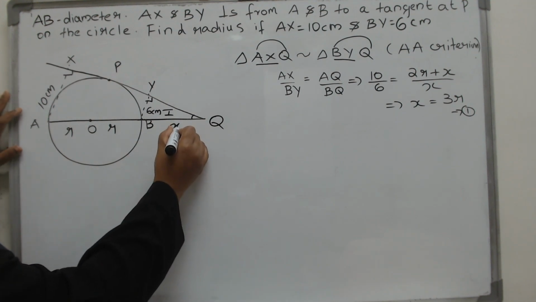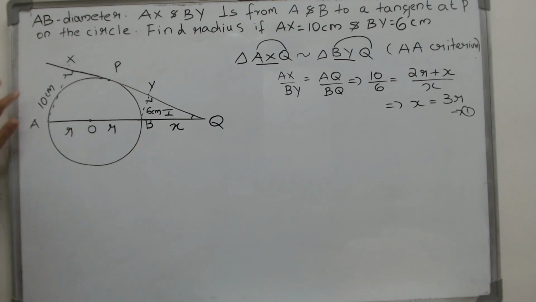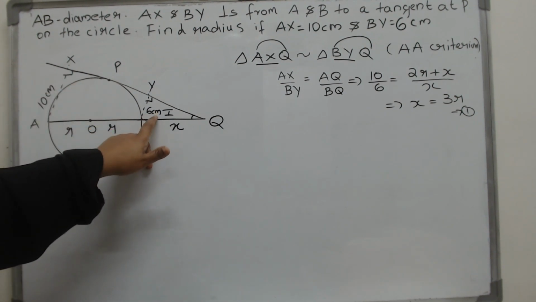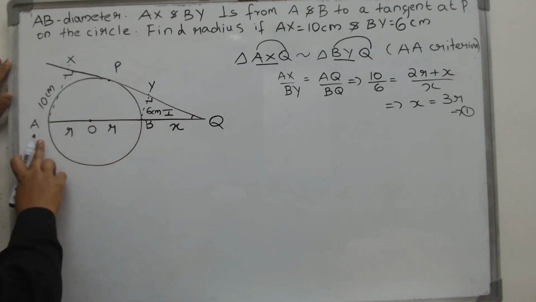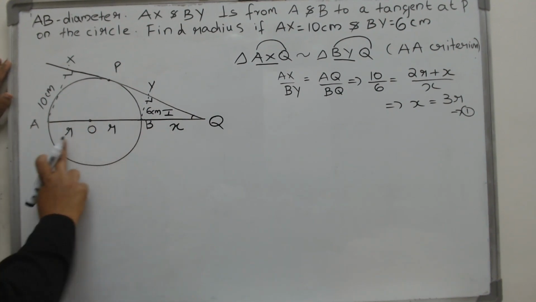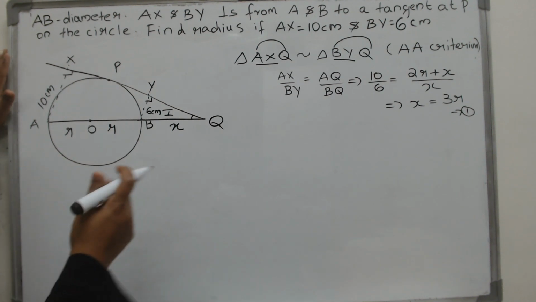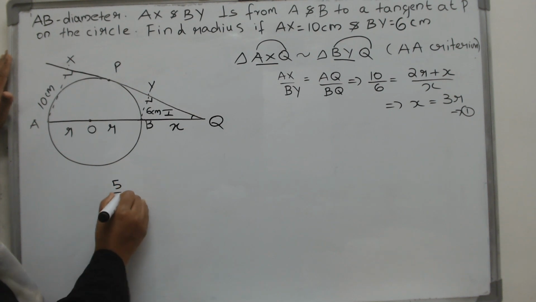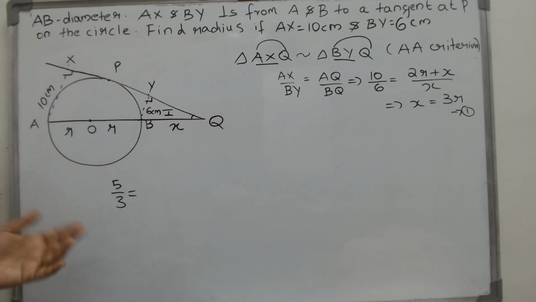Now I will name this small part here as X. So what do you have? 10 by 6 is equal to, what is this whole of AQ? So AQ is what? It is X plus 2R, which is 2R plus X. Now 10 by 6 is what? 5 by 3. And there are two terms in the numerator.